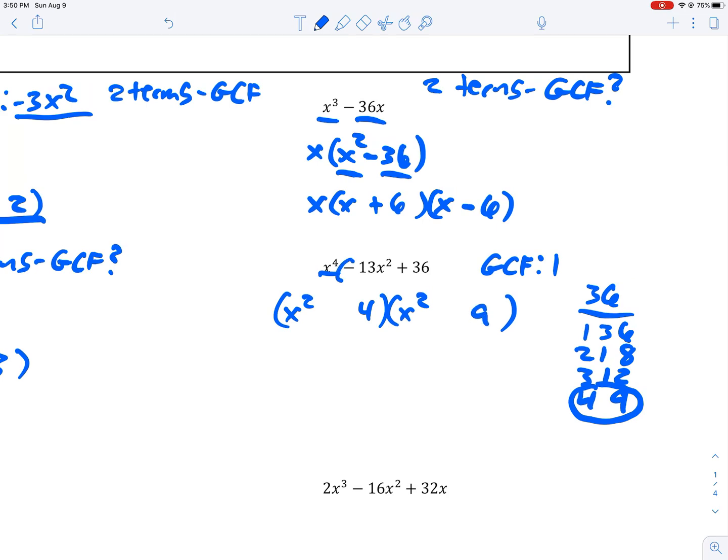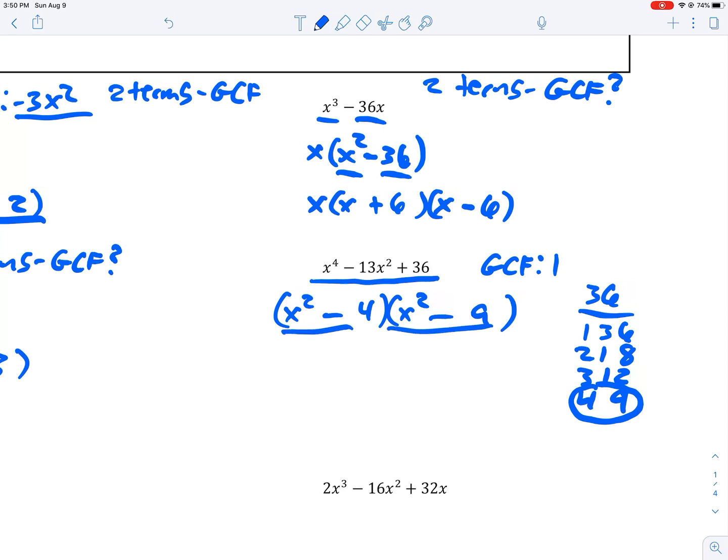It's got to be a minus 13, so both of these have to be minuses. So this was actually very similar to our basic trinomial factoring that you did a lot in Math 2. The only difference was I changed the power to a 4 and a 2, but it's the same concept, right? It's a trinomial with GCF of only 1, so the only tool we have is to break it into 2 binomials. That's all we have.